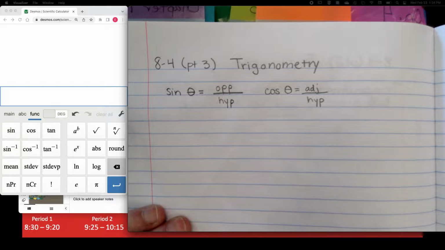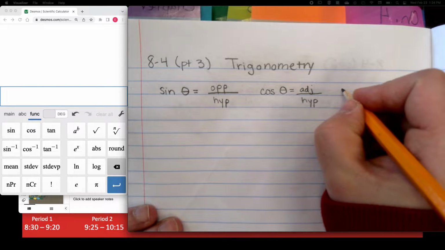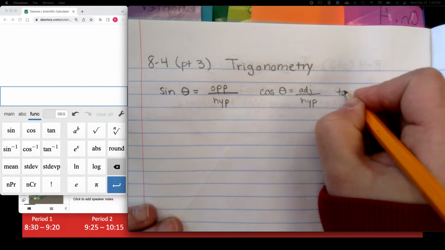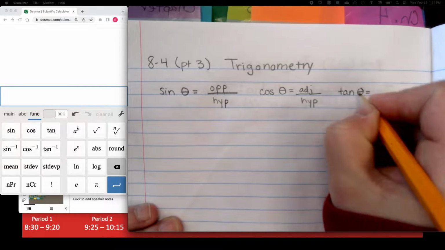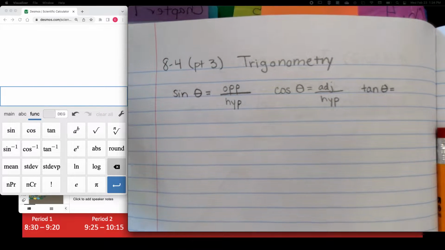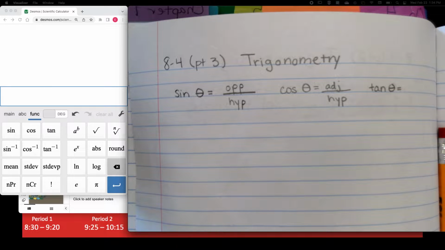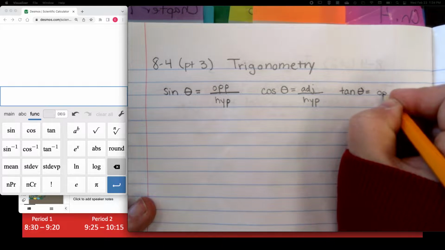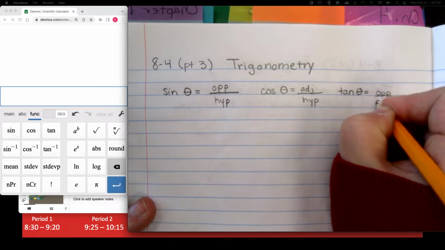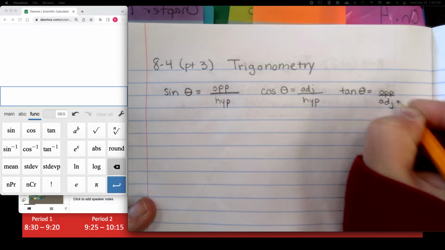Otherwise, flip back if you're getting lost. And our last ratio is tangent. We just do T-A-N for tangent. And again, that little circle with the slash through it is just a Greek letter. Instead of using x, we're just using theta. And how do I find tangent? Good. Opposite over adjacent. So to help us remember this, we think of SOHCAHTOA.